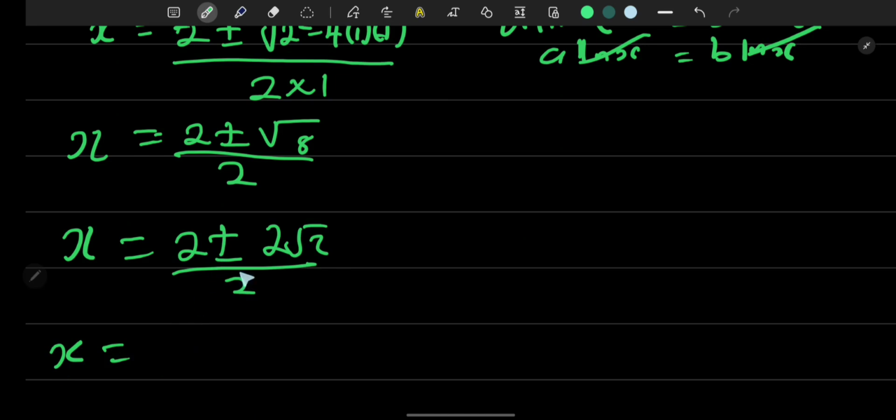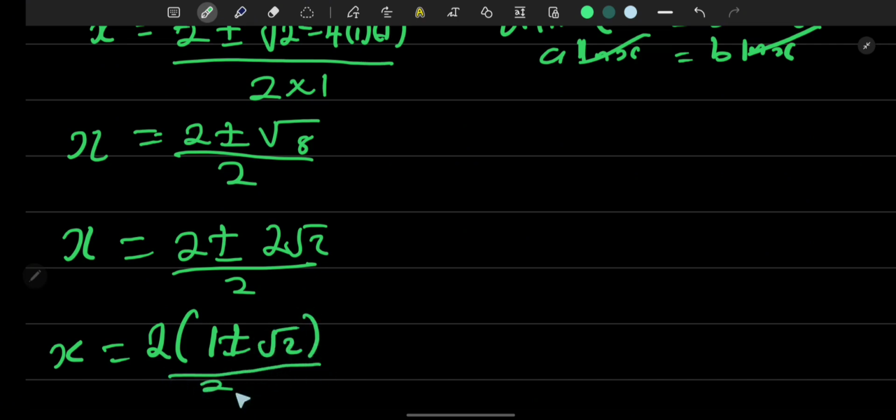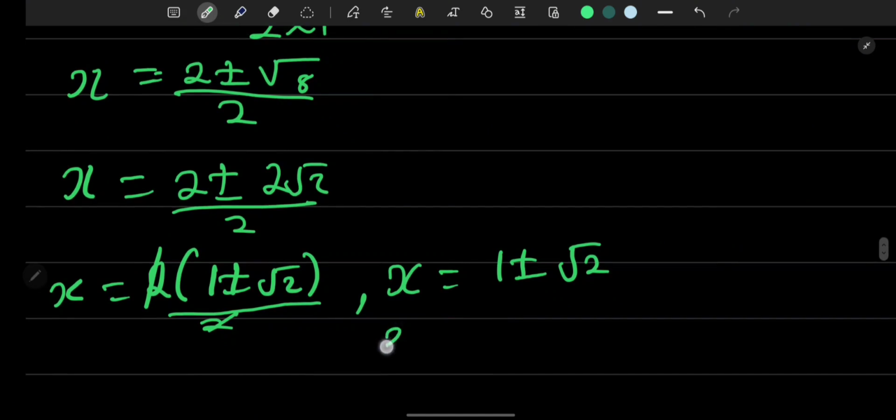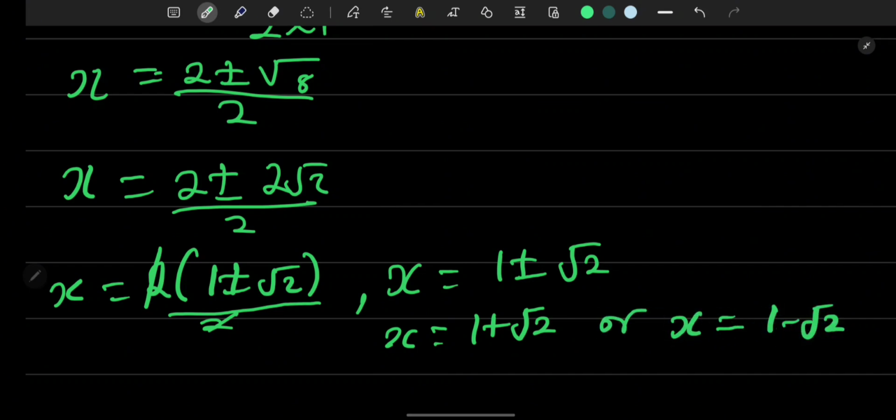You can factorize 2 out here, then you have 1 plus or minus root 2 divided by 2. And from here, these two will take care of this. So eventually we have 1 plus or minus root 2. And these are the possible values you can get for this. So that is x equals 1 plus root 2 or x equals 1 minus root 2.